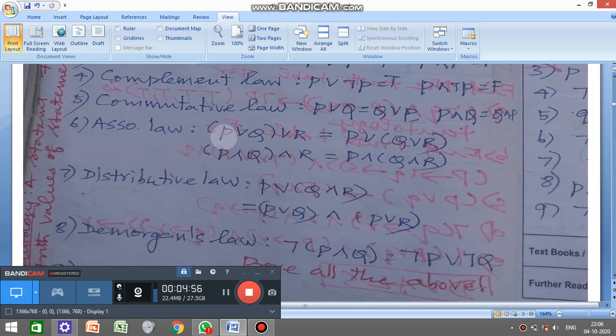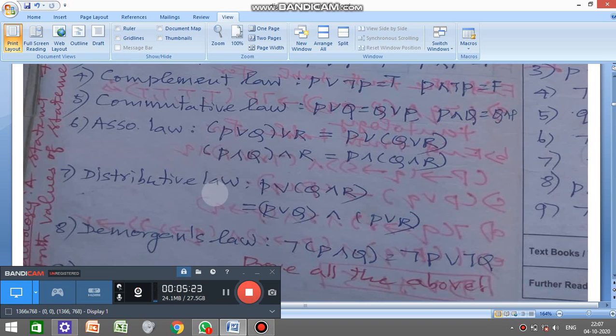So associating P OR Q and afterwards OR R is always equal to associating Q OR R and then P OR with that. See, left hand side, right hand side, the association is different, but still the truth values are equal. That is what we call the associative law.